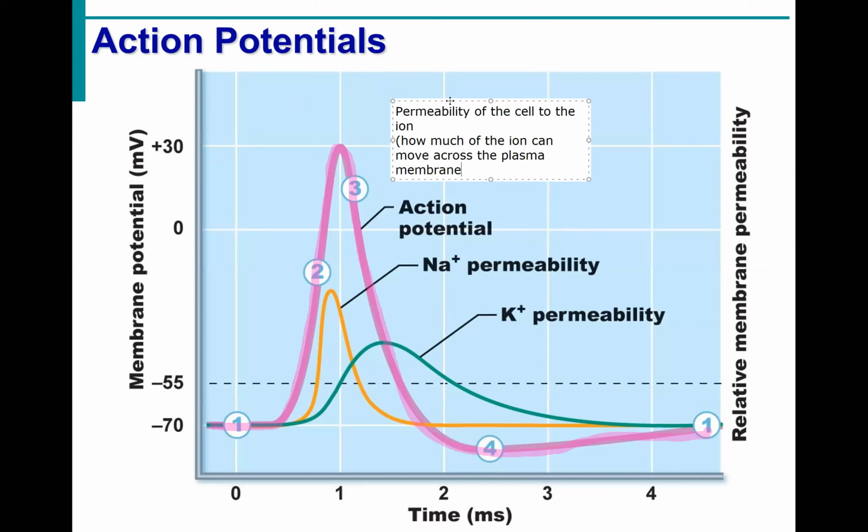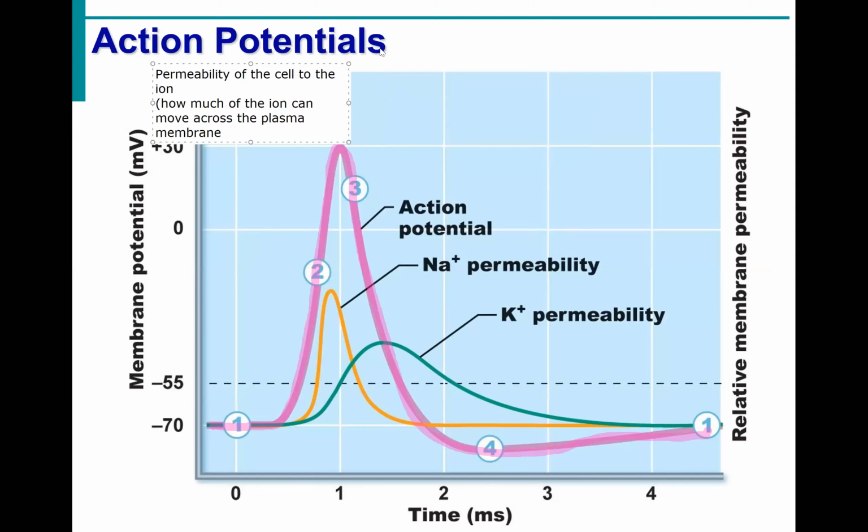Notice at first, and let's start with our yellow, or orange, for sodium. Notice at first, all those voltage gated sodium channels are closed. But notice, as soon as the cell reaches threshold, all of those sodium channels rapidly open up. And when all of them open up, massive amounts of sodium are coming into the cell.